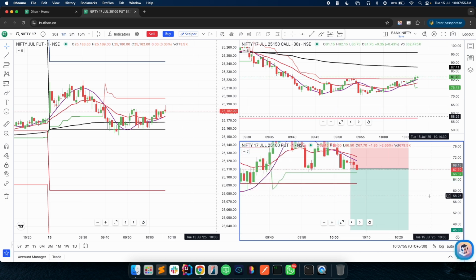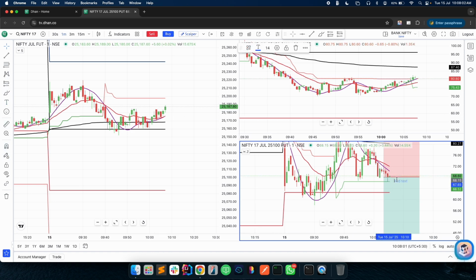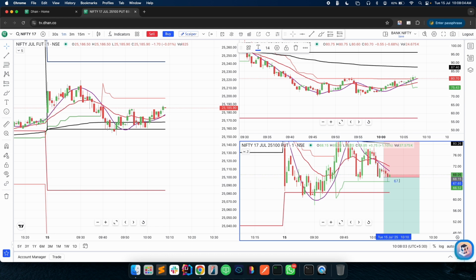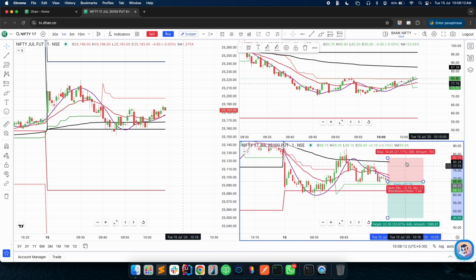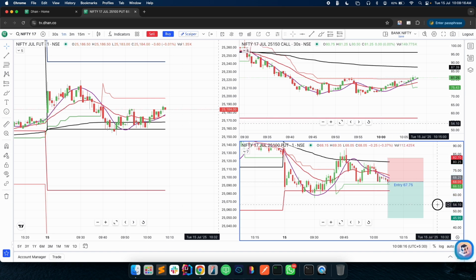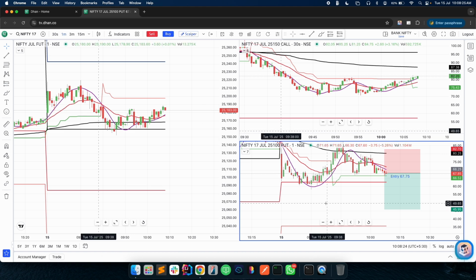Okay, let's mark the entry, 67.75, at this candle, and SL is 15 rupees. Target is around 22, right? So which is 1 is to 1.5 risk reward.